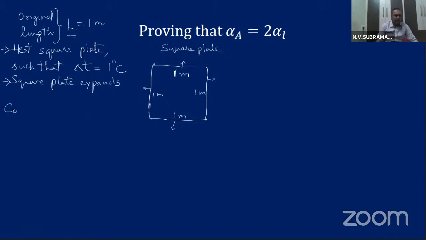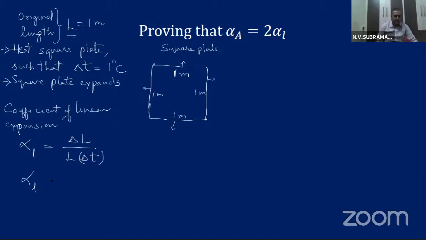Then the coefficient of linear expansion, alpha L, I can write as delta L divided by L into delta T. Alpha L is alpha L, keep it like that. Delta L I don't know.